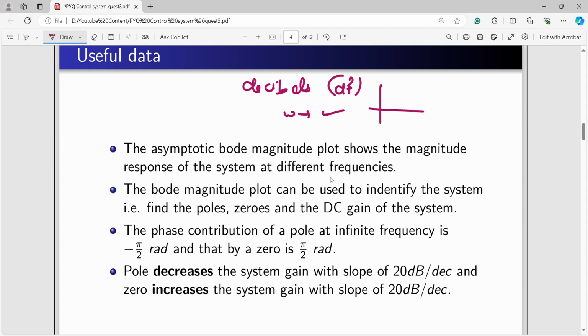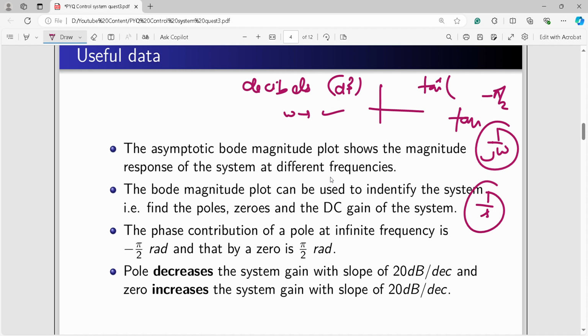The pole contribution at infinity, like 1 by s, is 1 by j omega, so minus pi by 2 when omega goes to infinity, and a zero gives plus pi by 2, that is 90 degrees, while poles give minus pi by 2.